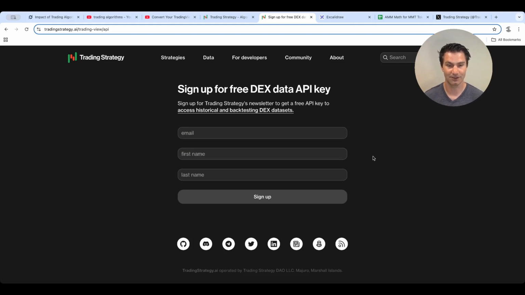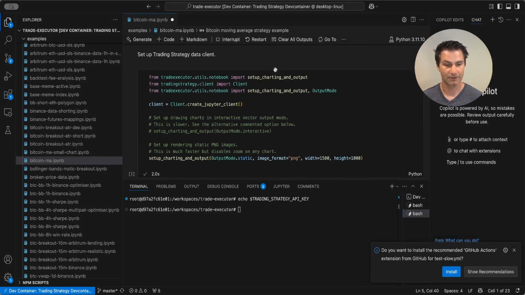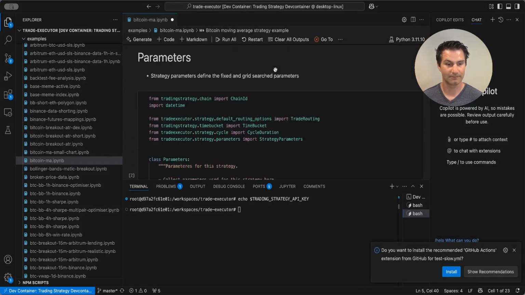Okay, excellent. So I have an API key, and if I locate that, okay, so I enter my API key, and now I should be able to go ahead and let's just restart and try to run all. And sure enough, now we see, okay, great.